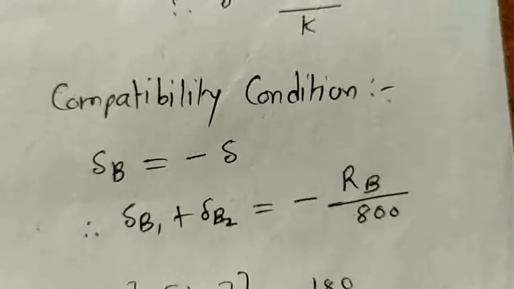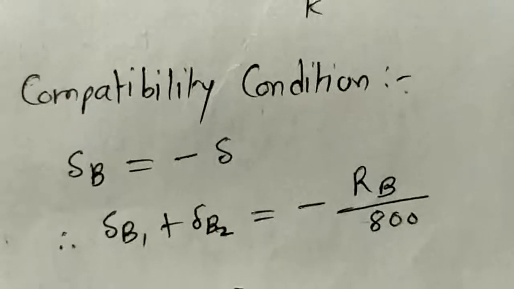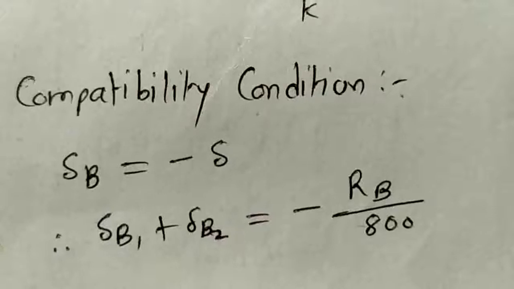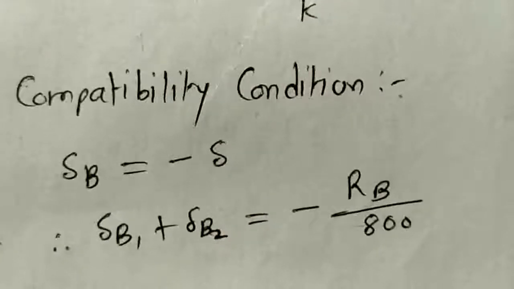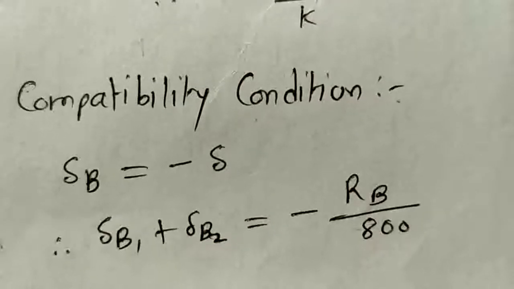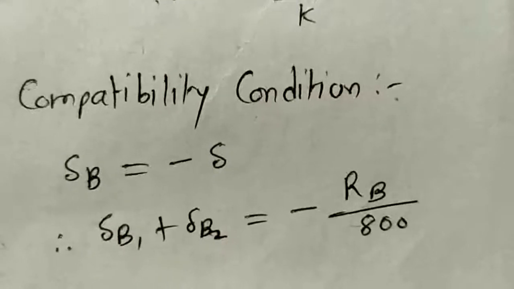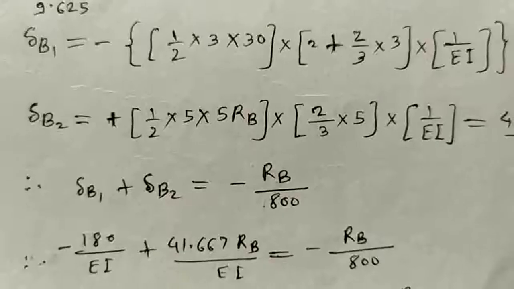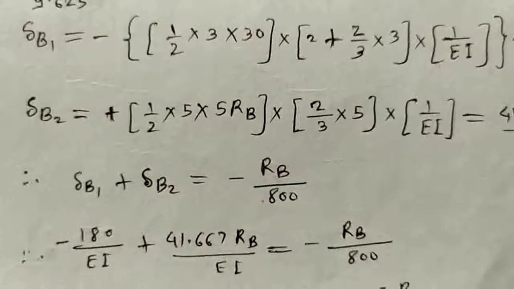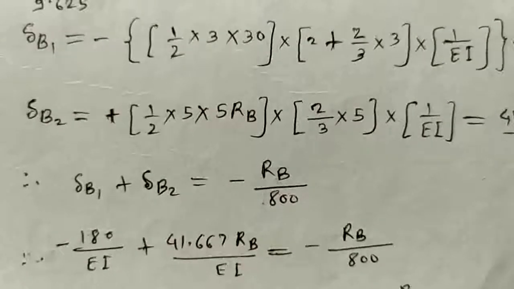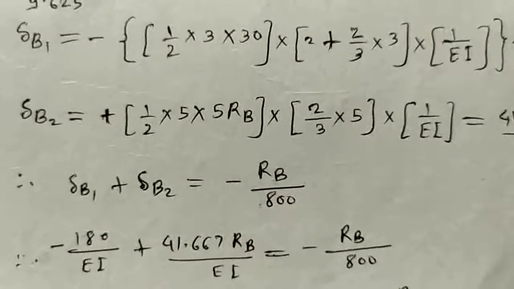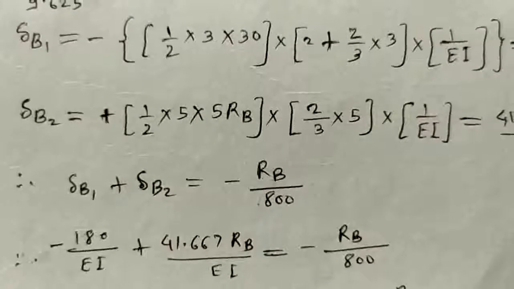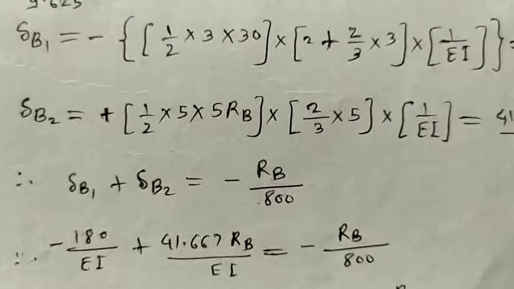Now here we are going to find out the values of delta B1 and delta B2. Delta B1 is because of loading and delta B2 is because of application of the unknown. Now we'll write the expression for finding delta B1 and delta B2. To write delta B1, we'll apply the moment area method.